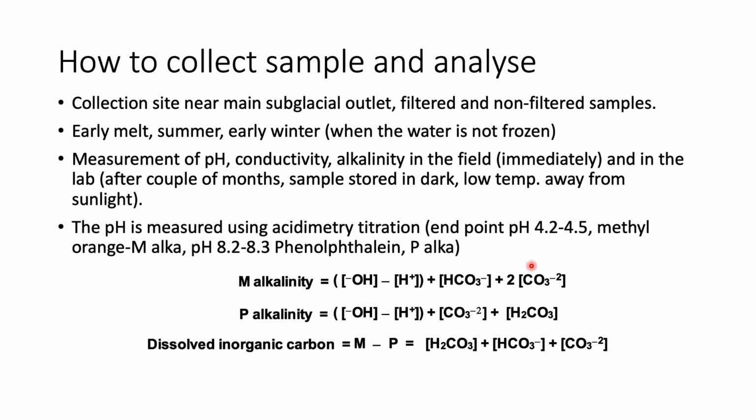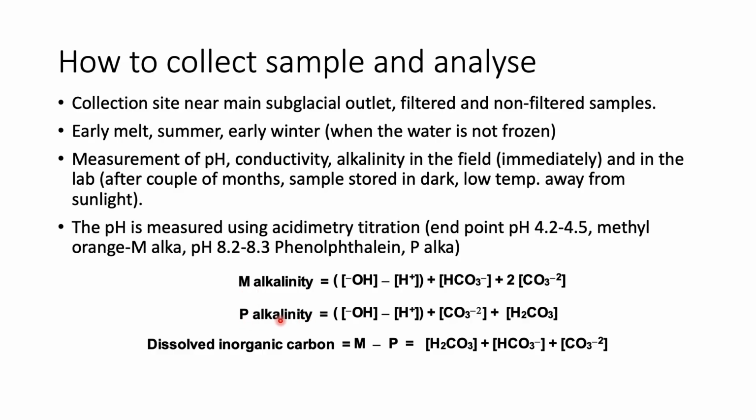The equation is: M-alkalinity equals the concentration of hydroxide ion minus the concentration of protons, plus the concentration of bicarbonate ions, plus 2 times the carbonate ion concentration. That gives the total value for M-alkalinity.